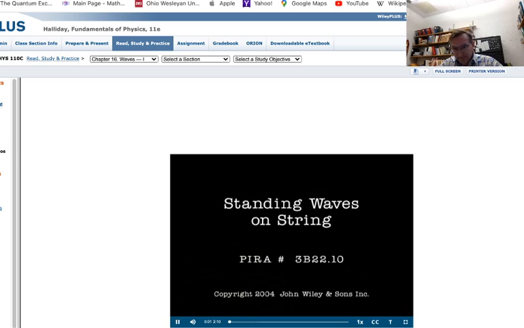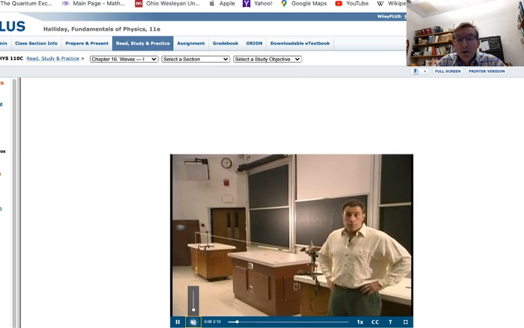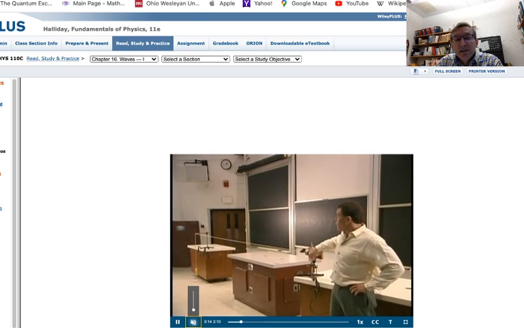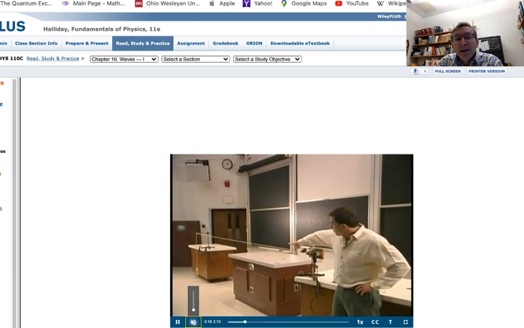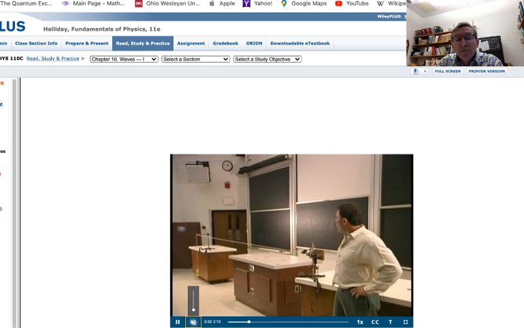Standing waves on a string. I'll turn off his video, his audio. He's just explaining the setup there, but you can see the long string. You can see the weights at the other end giving him his tension. But the other end where the pulley is prevents that end of the string from vibrating.